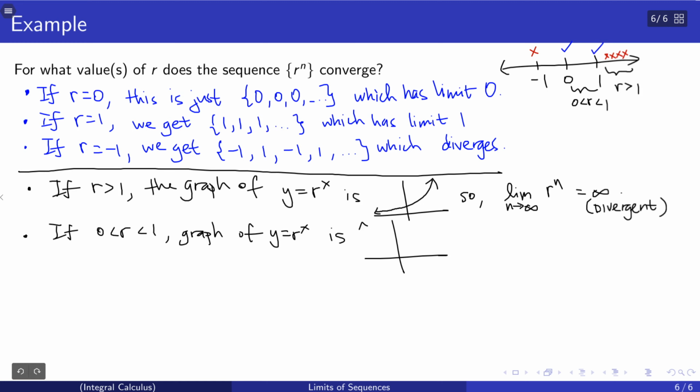Let me draw that nicer here. There. All right, and in this case, your sequence, since it matches the function formula, is just going to follow the function where the function goes. So the limit as n goes to infinity of r to the n in this case is 0. And it converges.